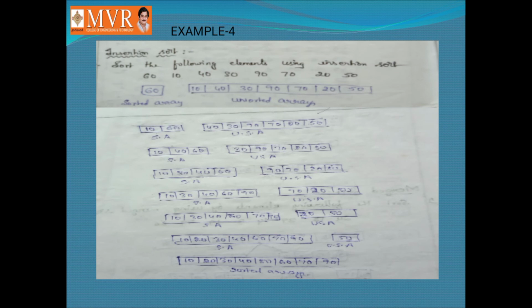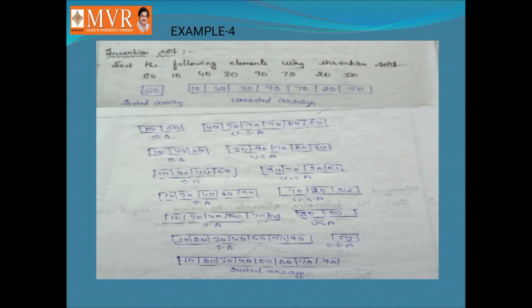First, in the insertion sort, I assume that my element at first location, that is 60, is in sorted order. So I place it in the sorted array. Here I assume two arrays: one is the sorted array and the other is the unsorted array, that is the list of elements we are given.